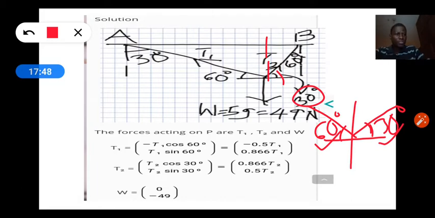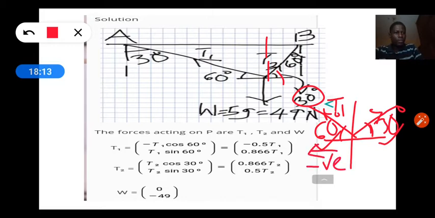Now if I want to resolve this force, as you can see on the diagram, I want to resolve T1. Let's pick them one after the other. If I resolve this T1 to the horizontal this way, that means it's going to be negative.